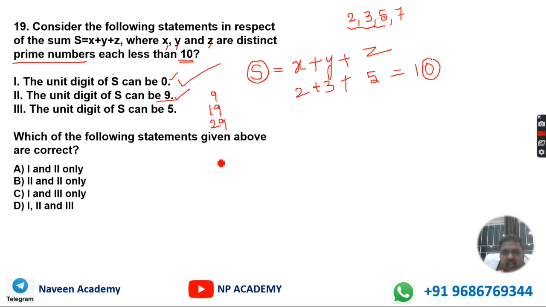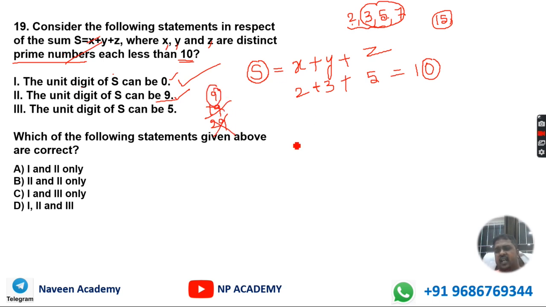The maximum sum of 3 numbers, we will take 3, 5, 7, my dear friends. 3, 5, 7 maximum will be 7, 10, 15. Okay, 15 is the maximum, my dear friends. So 19 is not at all possible, and 20 is not at all possible, only 9.